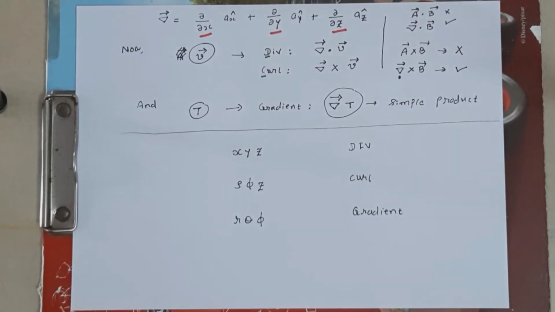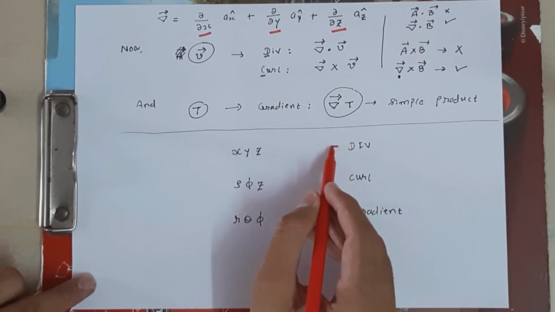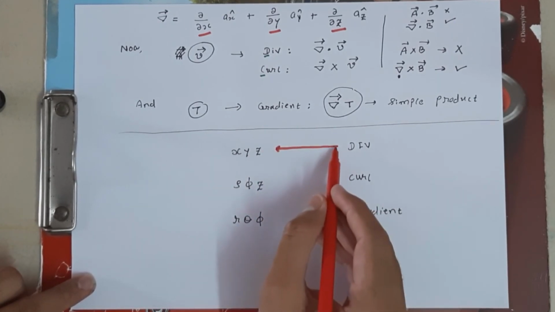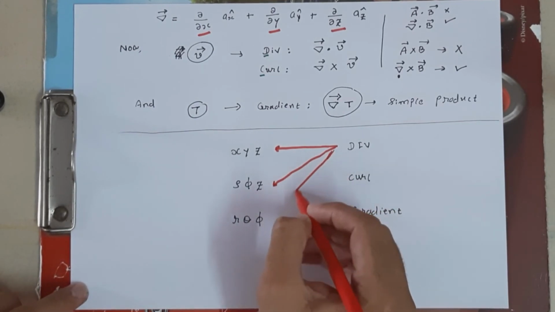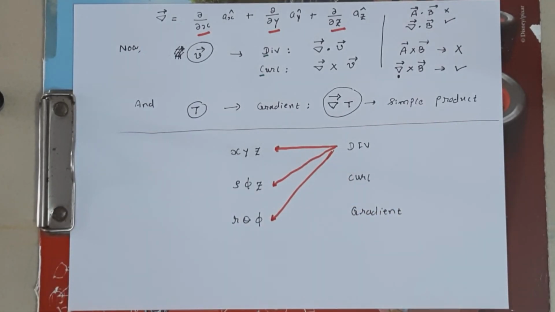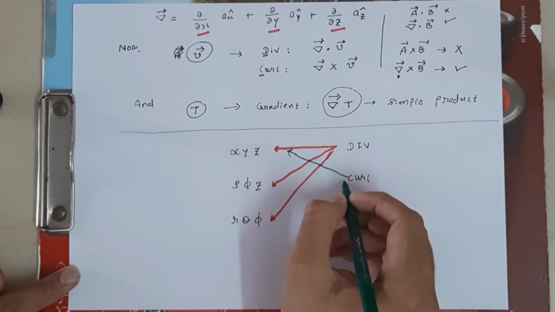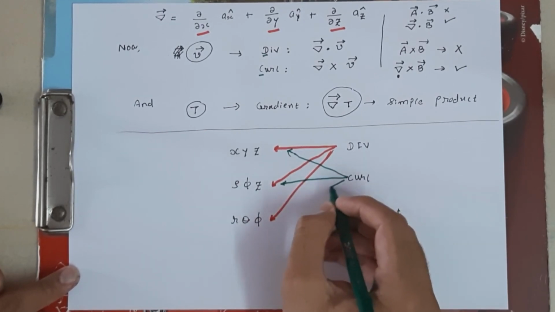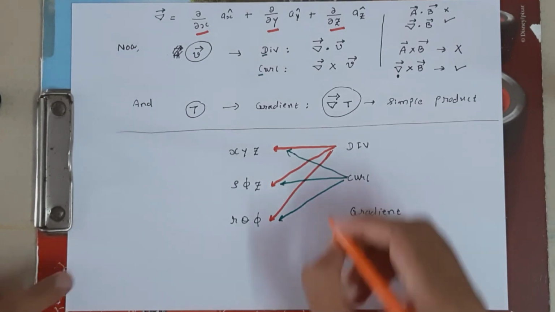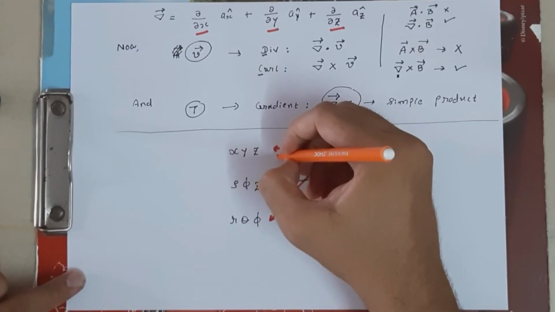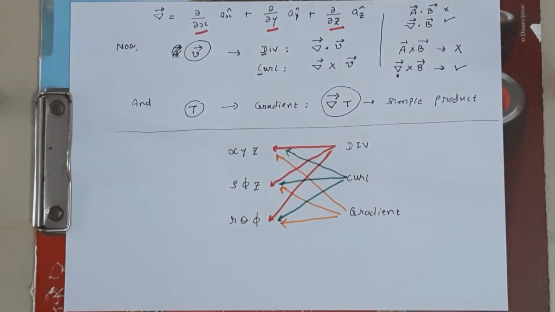So in the next topic I will relate divergence in xyz coordinates, cylindrical coordinates and spherical coordinates. Similarly, curl in Cartesian, cylindrical and spherical coordinates, and gradient in Cartesian, cylindrical and spherical coordinates.